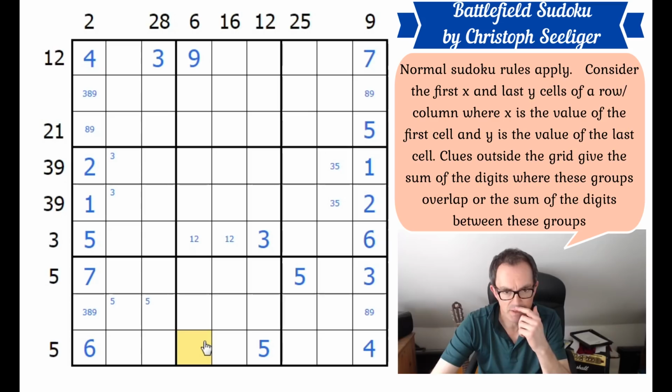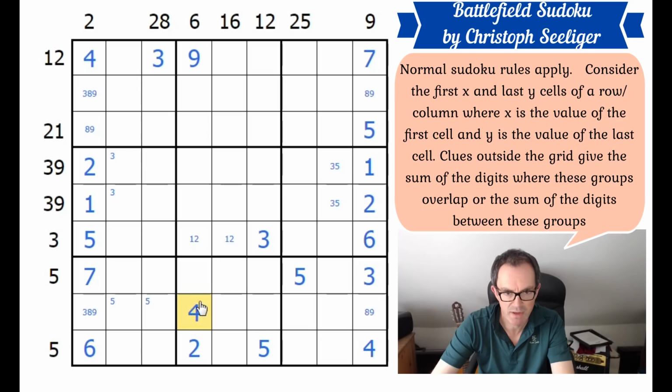That must be very helpful, because we now know we're looking at an overlap clue, so this has to add to 10, 11 or 12. Well, if it's a 1, clearly the clue is not satisfied. If we put a 2 in there, this has to be a 4.